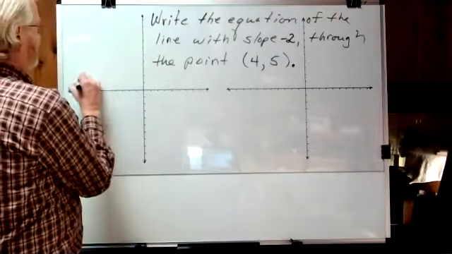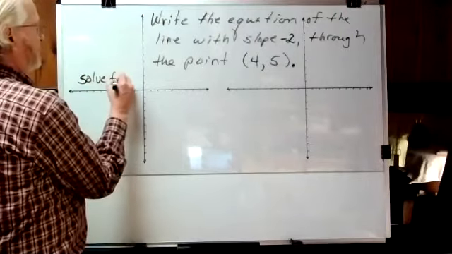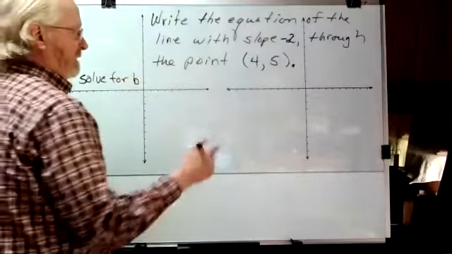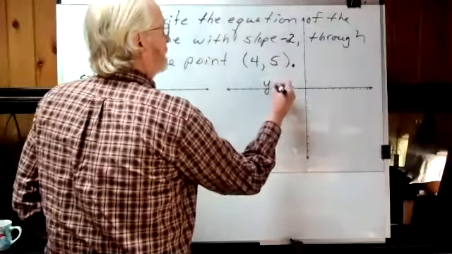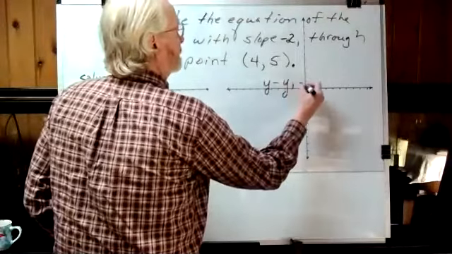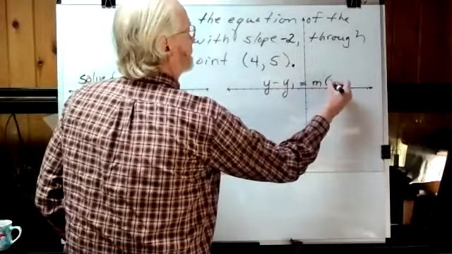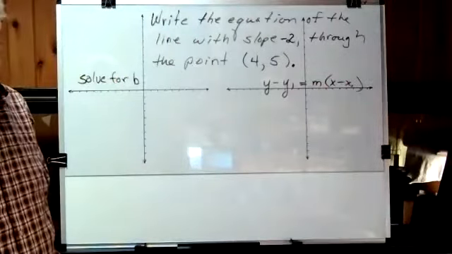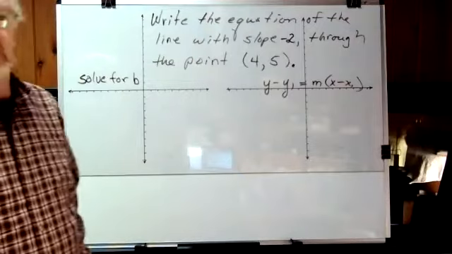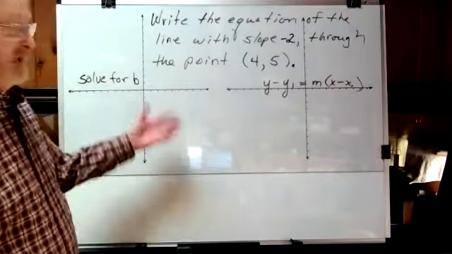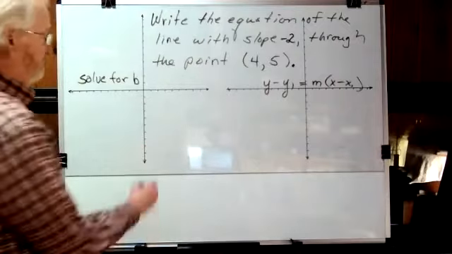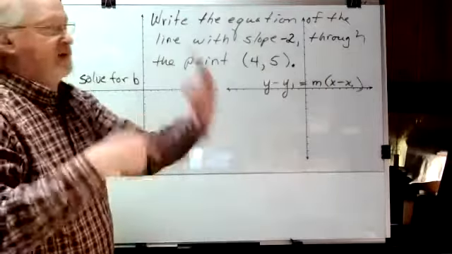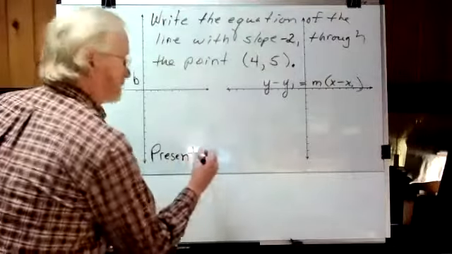One is where we have to solve for the b value, or you need to have in your notes the point-slope formula, so you could plug into that. And then again, your instructions will tell you to present your answer in slope-intercept form. So either way, you have to do the work to put it in the other shape.